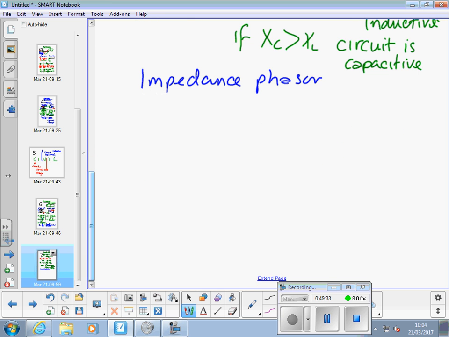Impedance phasor, in terms of this circuit, we'd have R equals 10 ohms horizontal. We've got XC equals minus 6J ohms going downwards at 90 degrees.